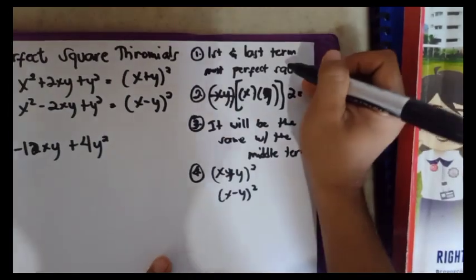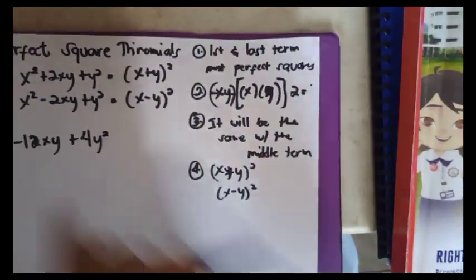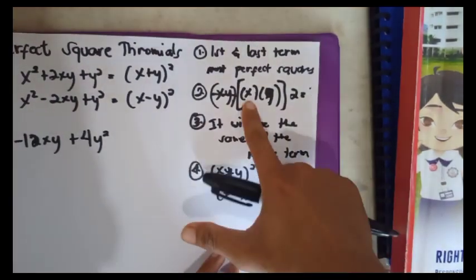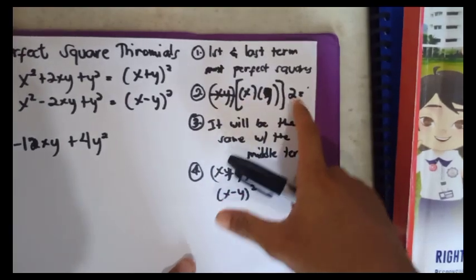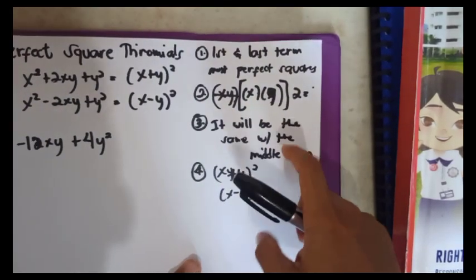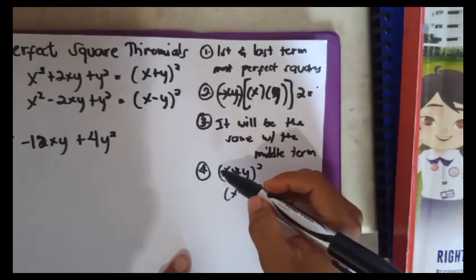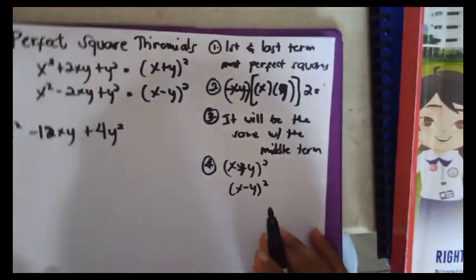So first step is to find if the first term and last term are perfect squares, and then multiply their positive square roots times 2. Then it must be the same with the middle term. And then last step is to apply the formula.